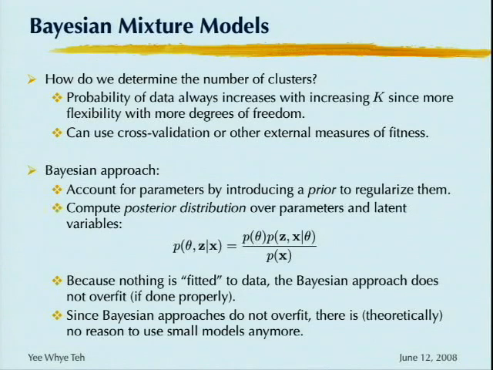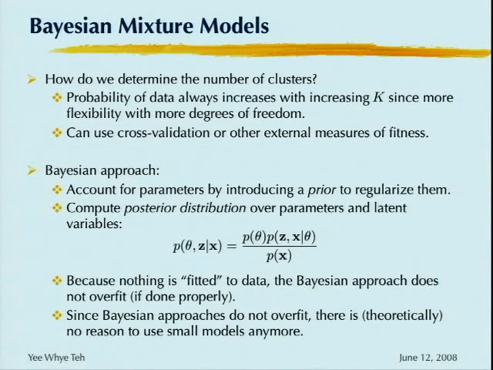For example, if you have a second stage after you've clustered your data, in which you do some sort of discrimination task, then you might want to optimize for the error after you've clustered your data. In this talk, I'll be taking a Bayesian approach, which says that you want to account for the parameters of your mixture model by introducing a prior which regularizes them.